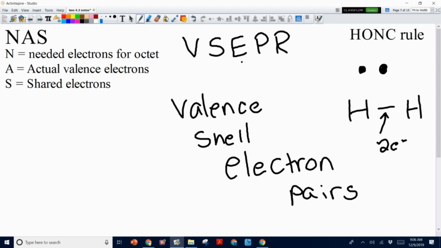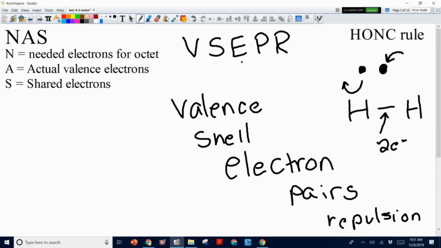And then repulsion. When electrons get close to each other and there's more than 2 of them, they repel each other. Actually, when they're close to each other like this, they also repel. If you remember when we were talking about electron configuration, 1 electron will spin in this direction, and then 1 electron will spin in the opposite direction.